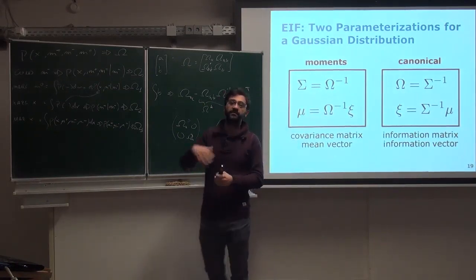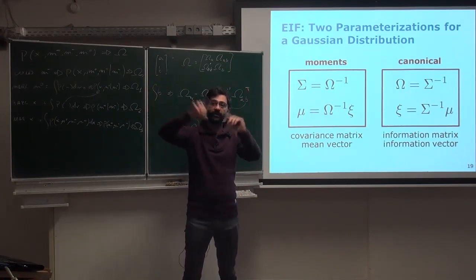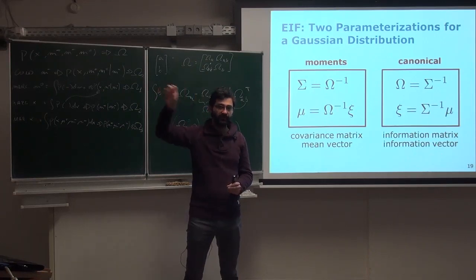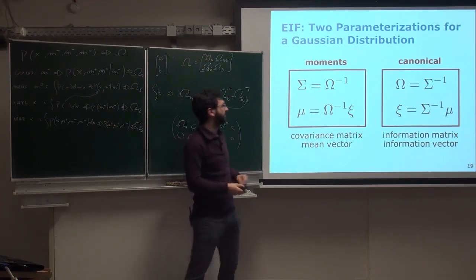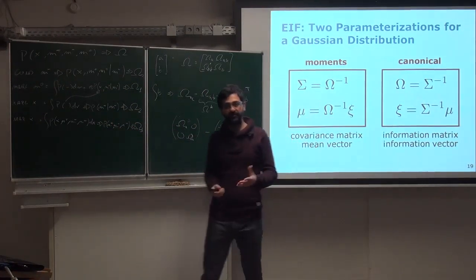But for other distributions in the exponential family, you really write them in terms like this. So you have a polynomial on top of your exponent, and all the parameters are the coefficients of the quadratic, or if you have a cubic or whatever part of the exponent, the linear and the constant part, and so on. Okay? So that's how the sufficient statistics of a distribution can be expressed.